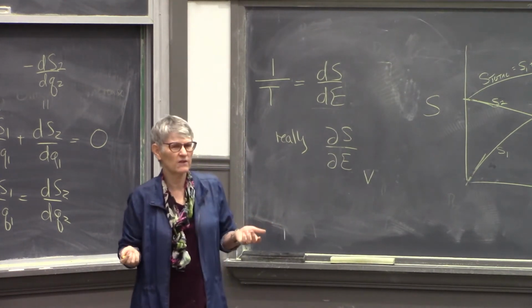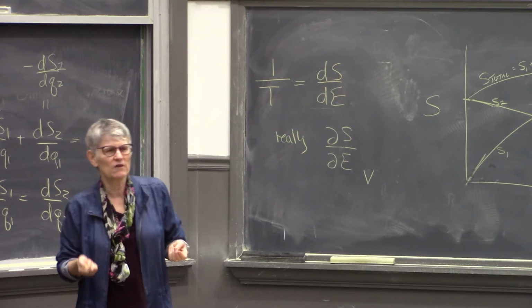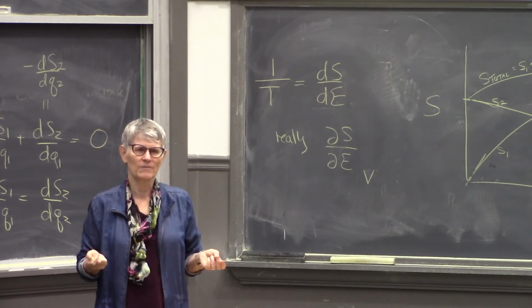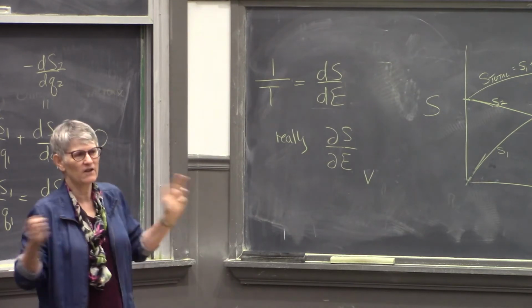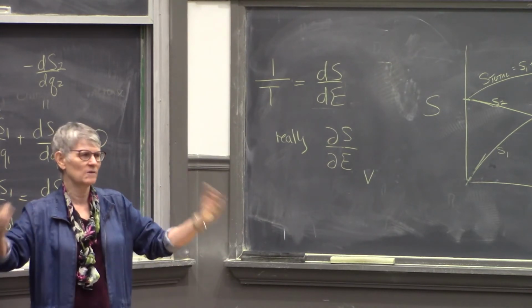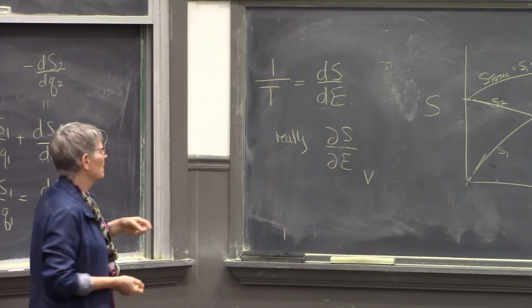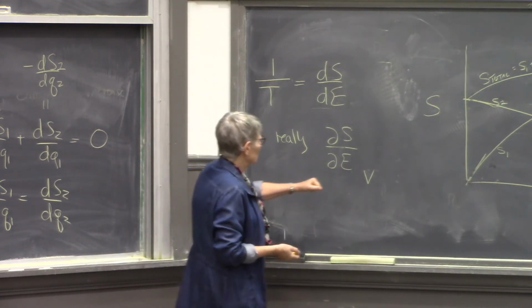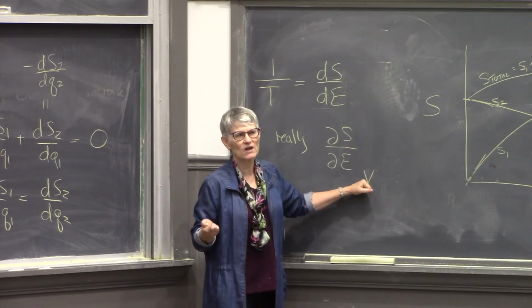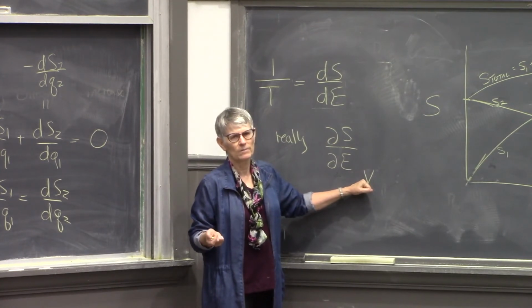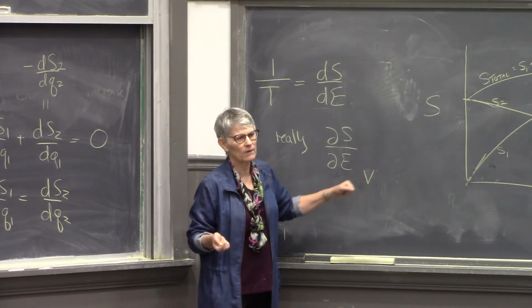What's a partial derivative? Well, if something's a function of more than one variable, so if S is a function of energy and volume and pressure and whatever else, you can differentiate with respect to one of these variables as long as you hold the other variables constant. So that's what we're talking about.